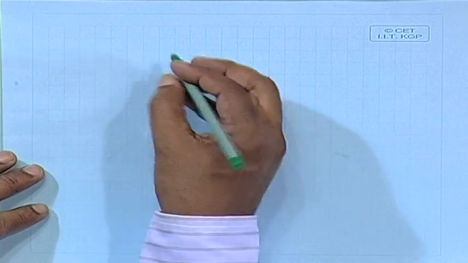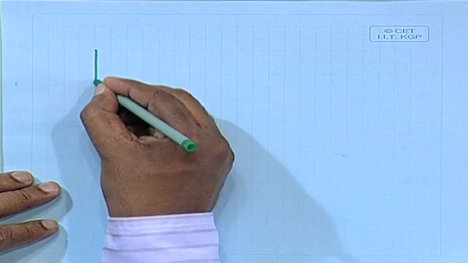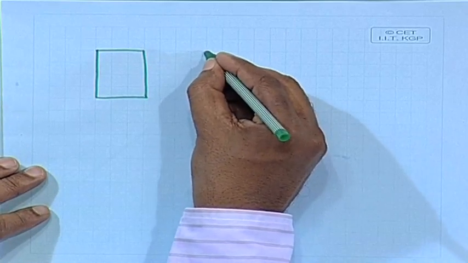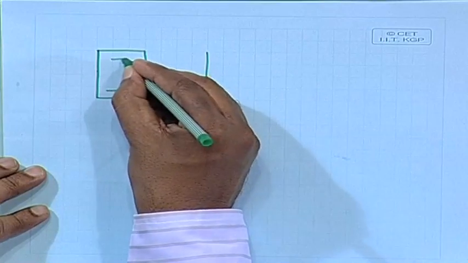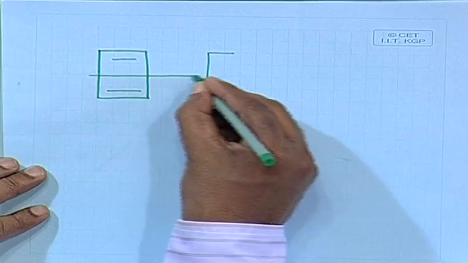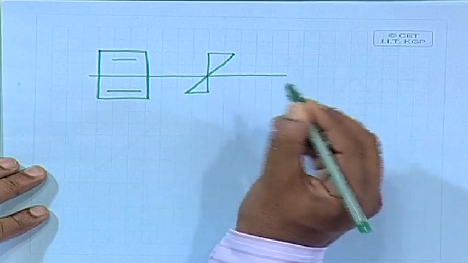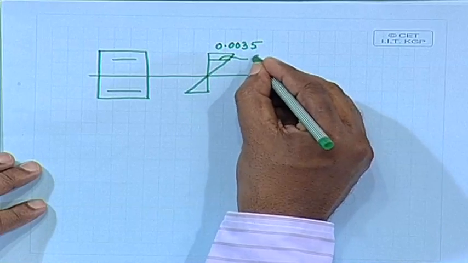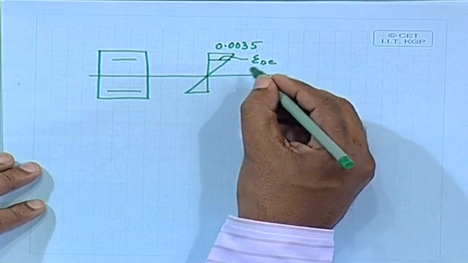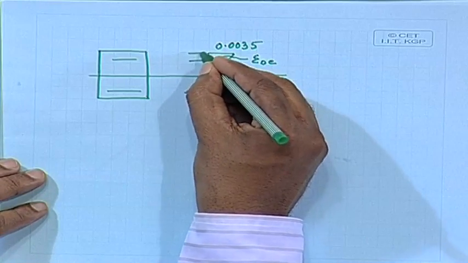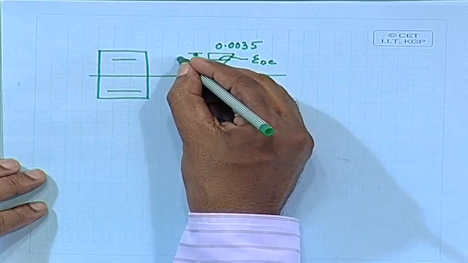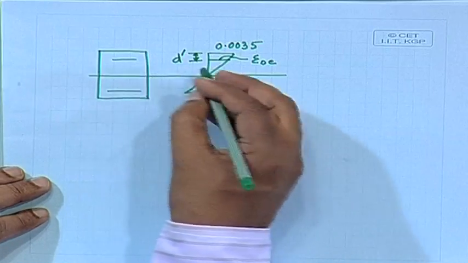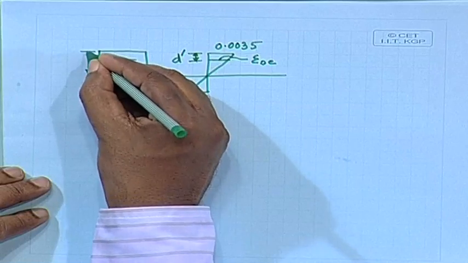We have to find out the strain. The section we are providing here, with 0.0035, we have to find out epsilon SC, the strain on the compression side at the steel level, where we are providing the steel, that is at a distance d dash from the top fiber, and we have x.